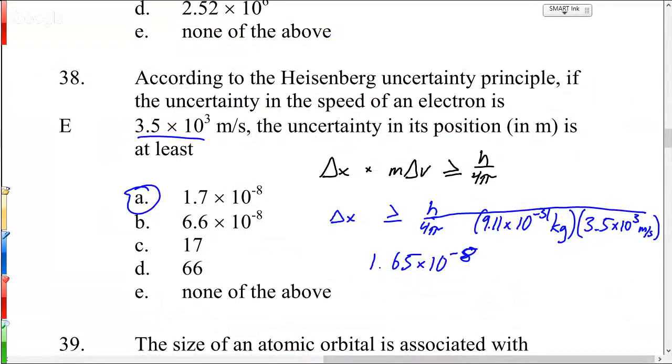That means that if we have a pretty large uncertainty in the velocity, plus or minus 3,500 meters per second is a pretty big unknown, that means we can know the position only down to about 17 nanometers, which is much, much bigger than an atom. The size of an atom is about 0.1 nanometers. So even if we have huge uncertainty in the velocity, we still don't know exactly where the electron is inside the atom.